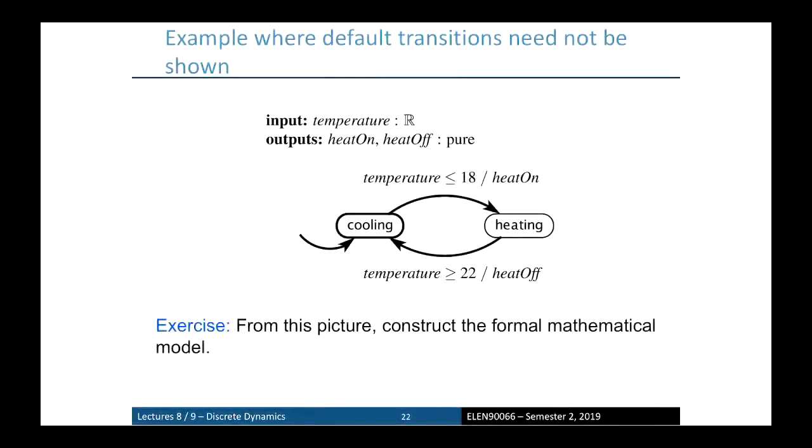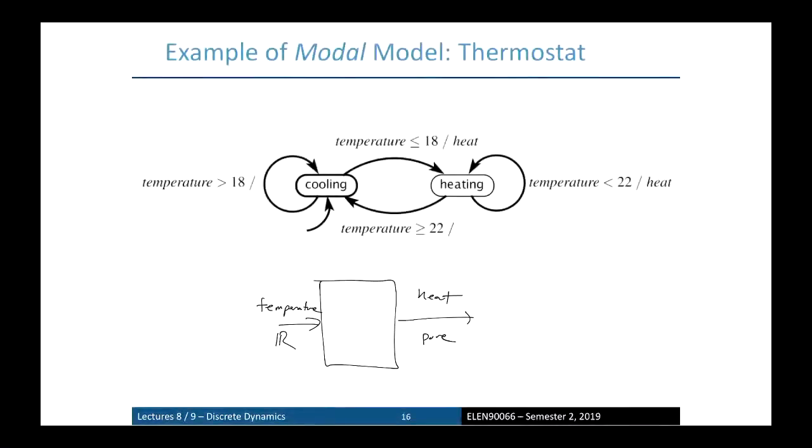As an example of a setup where default transitions don't need to be shown, there's a little heating cooling example. Now, if we skip back a few slides, this is what we had last lecture.